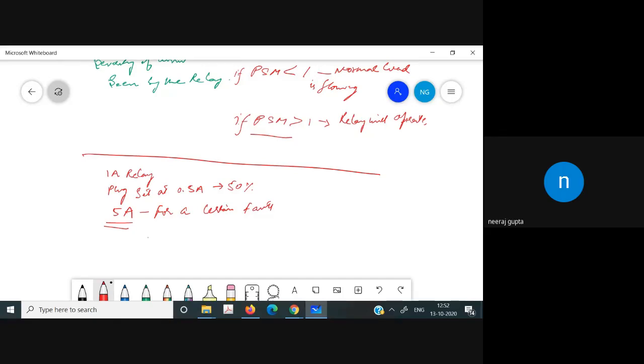Now, as per the definition of PSM, PSM is equal to the current seen by the relay, 5 ampere, divided by the plug setting 0.5. So we are getting 10. So we can say that the relay is operating at a plug setting multiplier of 10. Now this is a small example.